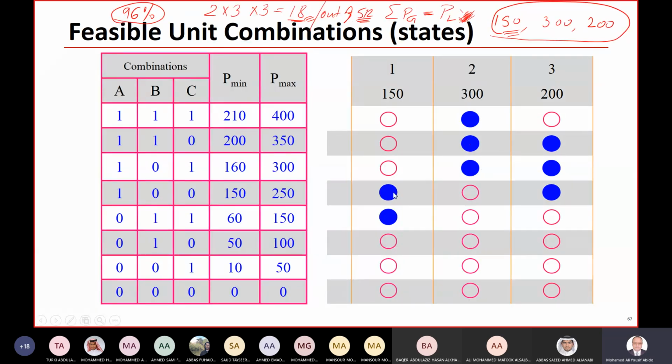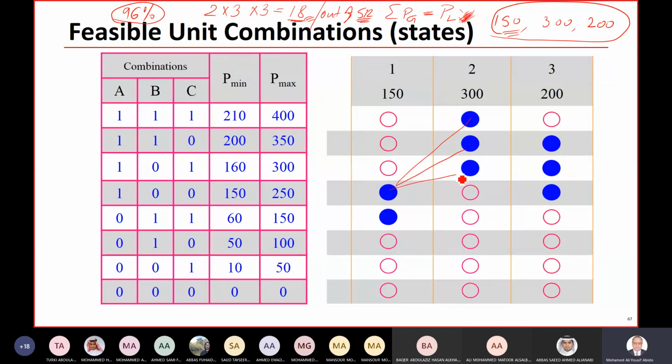So if you are here, initially you are here, and you may continue, you may go to this combination. From this combination, either you go to this one, or to this one, or to this one. You have 3 possibilities here.